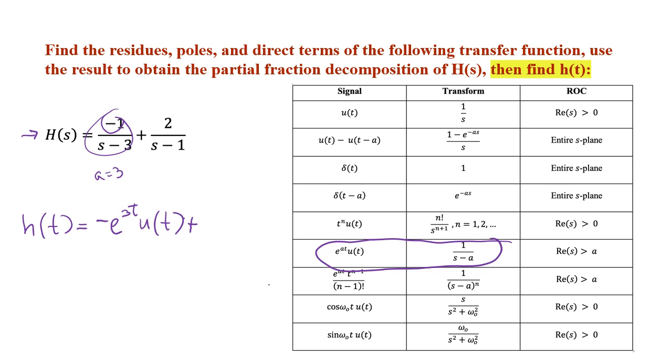It also follows the same format, so we can simply use the same row here from the table to help us write h(t). So we can simply say plus 2 e for this term. We're going to raise it to the power t simply because a is actually 1, right? So now it'll be 2 times e raised to the power t, and then u(t).